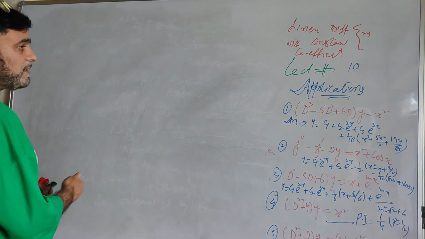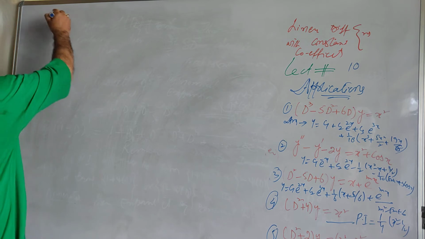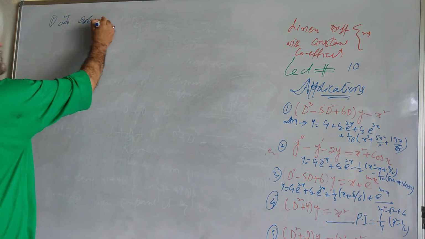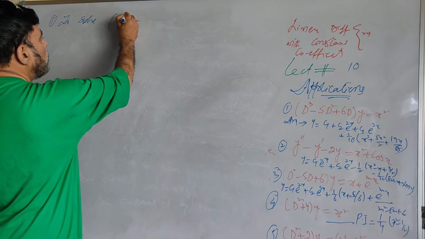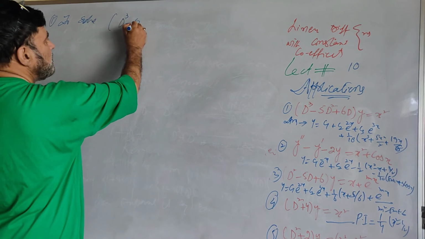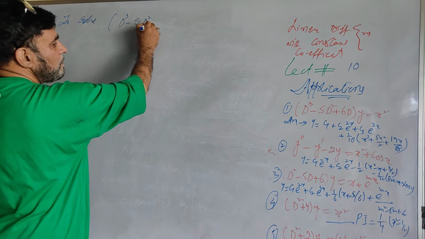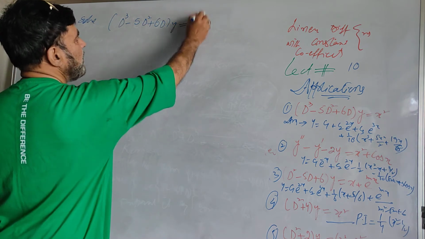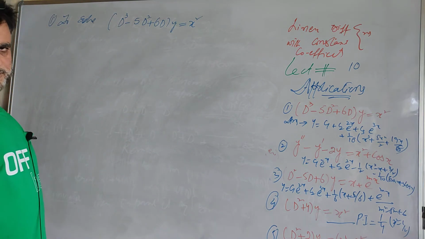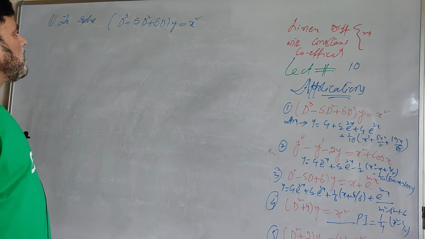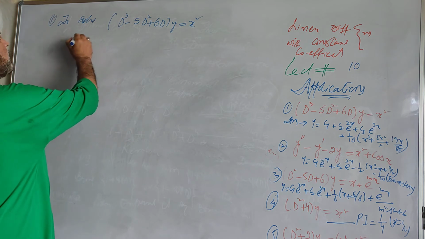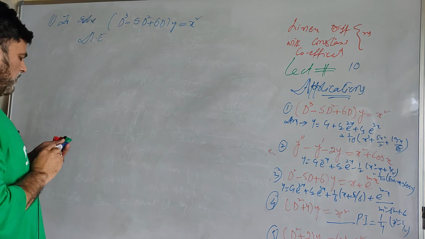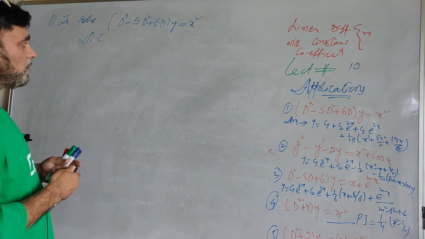Suppose I have this here to solve. Question number 1 is to solve the differential equation. In the symbolic representation it is (D cube minus 5D square plus 6D) y equal to x square. You see the right side is x square, an algebraic expression. Now, for the complementary function, you write the auxiliary equation in the same way as you do.